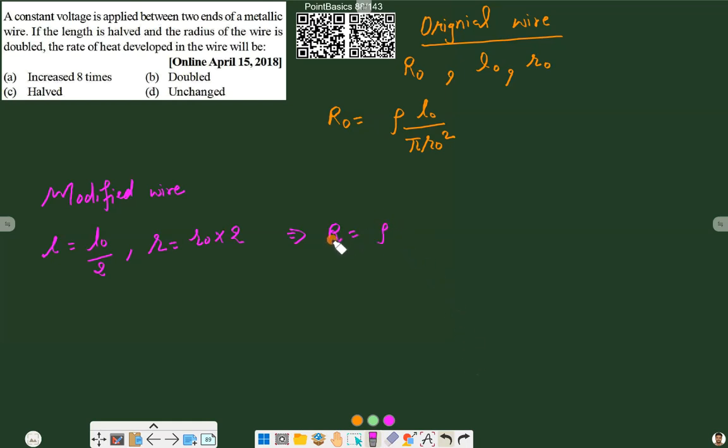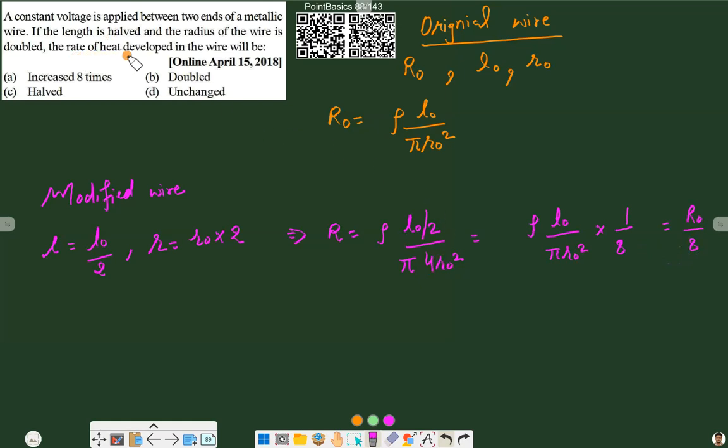Now resistance will be rho times new length, that is L node by 2, divided by new area, that will be pi times square of 2r, that will be 4 r node square. So we can write it as rho L node divided by pi r node square into 1 by 2 into 4, so 1 by 8. And this is the resistance of the original wire, so that will be R node by 8.